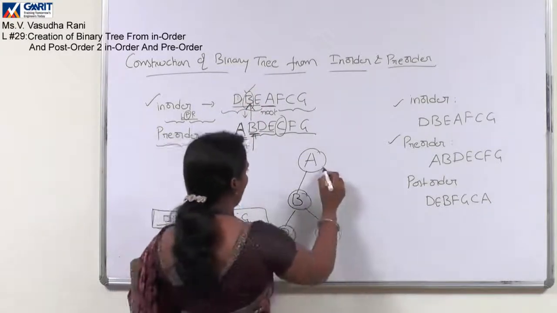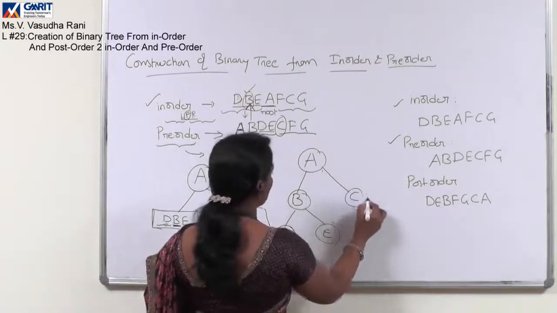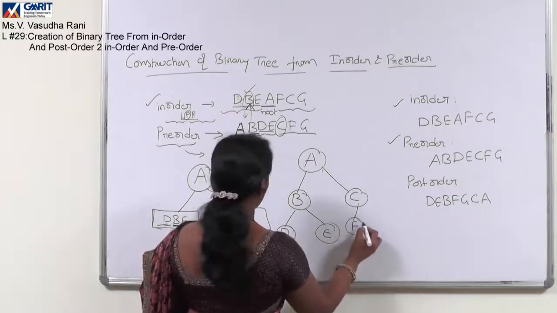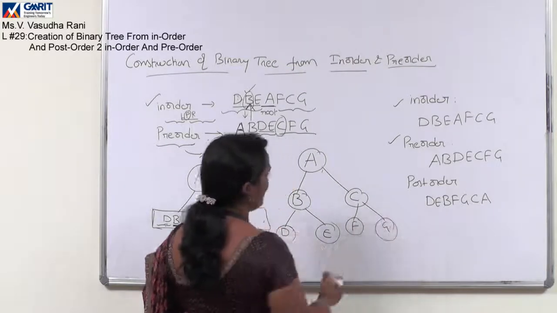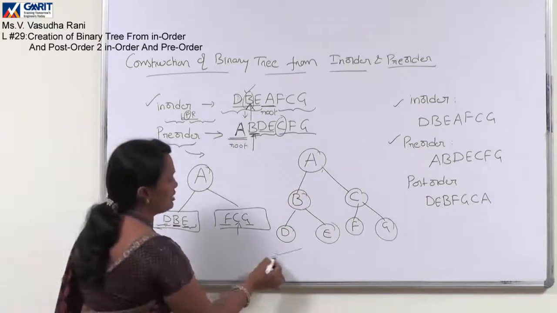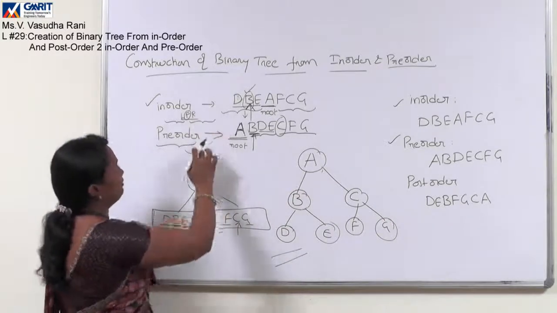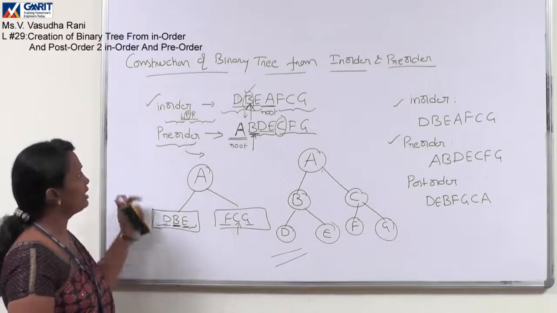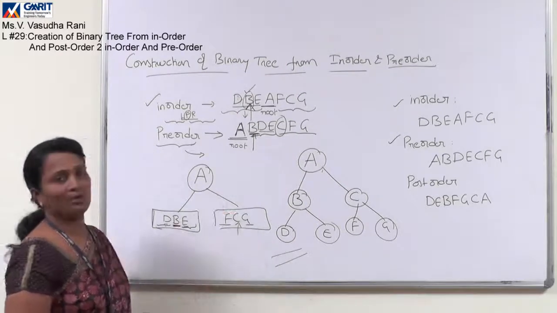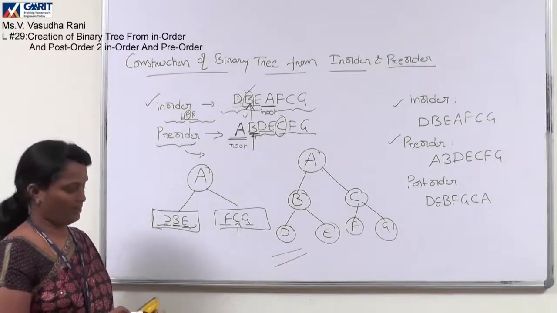Coming to the right part, C is the node, F is the left child and G is the right child. So this is how, by taking two traversal sequences, in-order and pre-order, we can construct the binary tree.